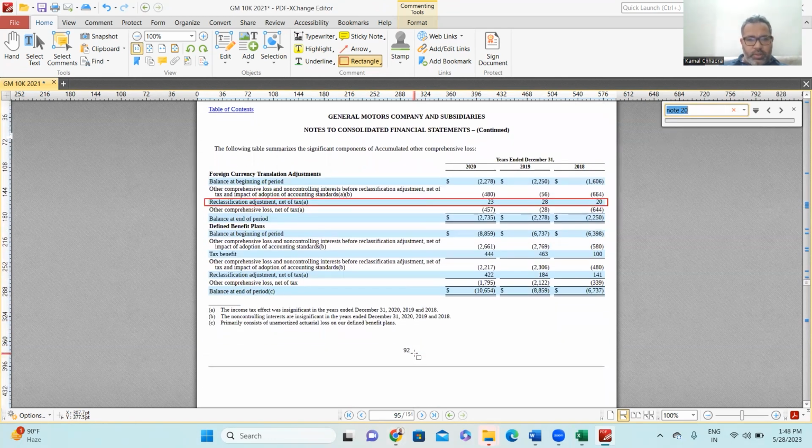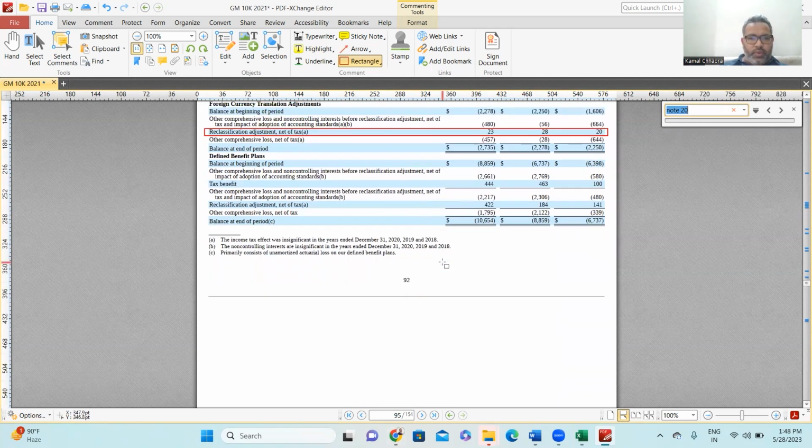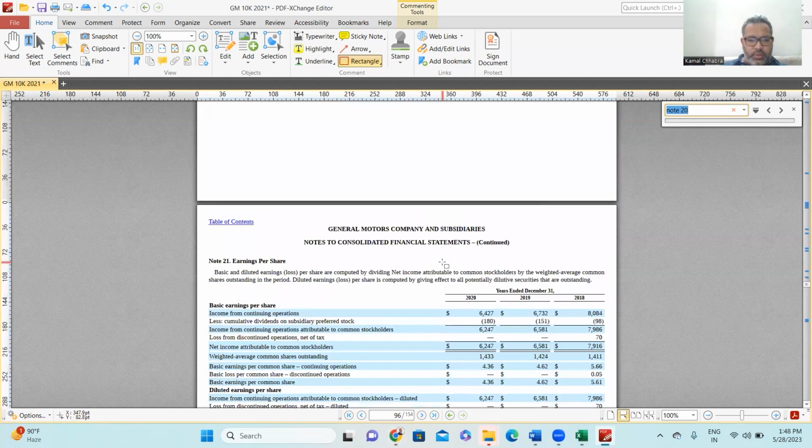Foreign currency translation adjustment. So this is like part 3, the foreign currency translation adjustment, which will go to other comprehensive income.